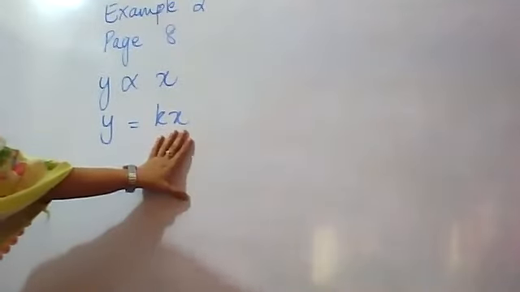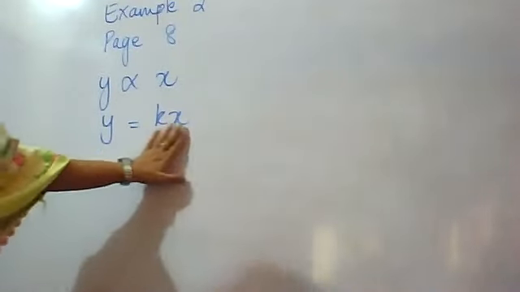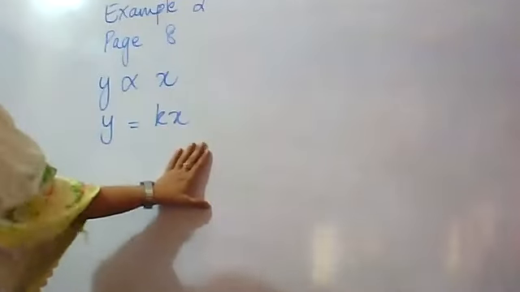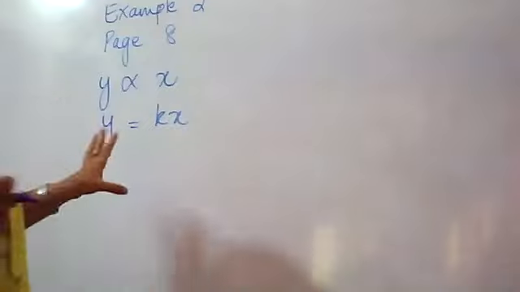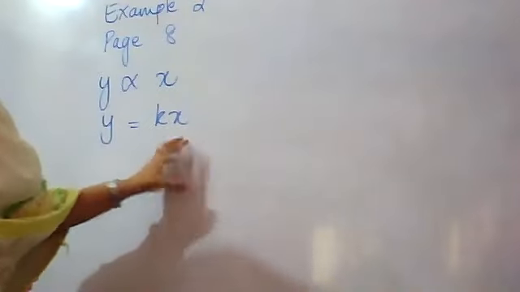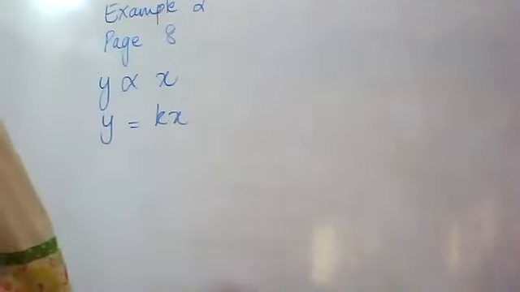Yes. Okay, Abiha, now what should I do? I have 3 variables, y, k, and x. Out of these 3 variables, the question gives me the values of 2 variables. Which variable shall I find out first?